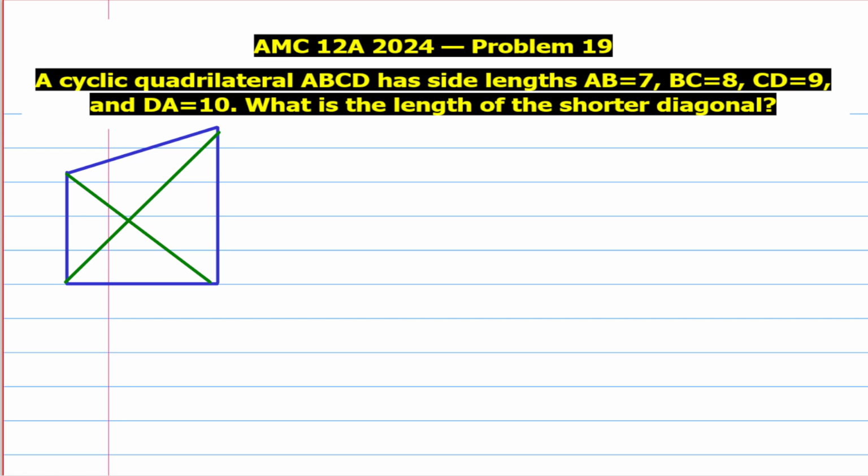And I will call the shorter A and the bigger B. So we don't have to put A, B, C, D. Just the sides, 7, 8, 9, and 10.